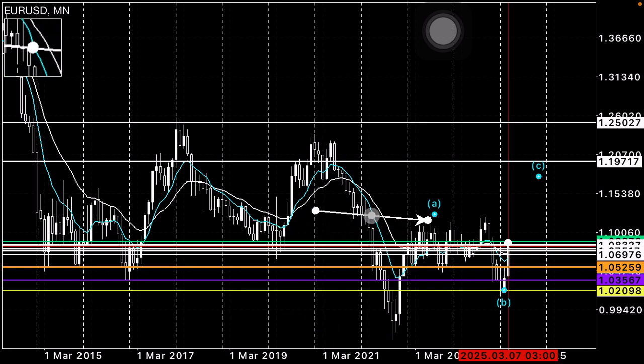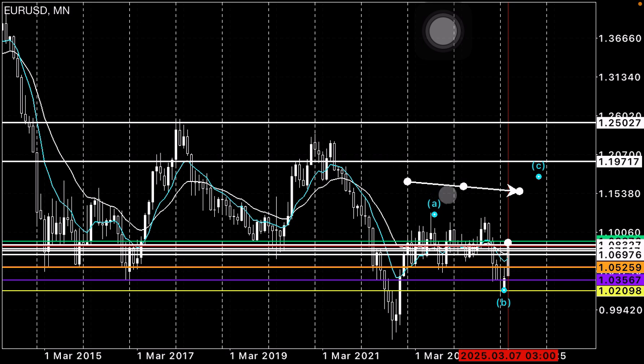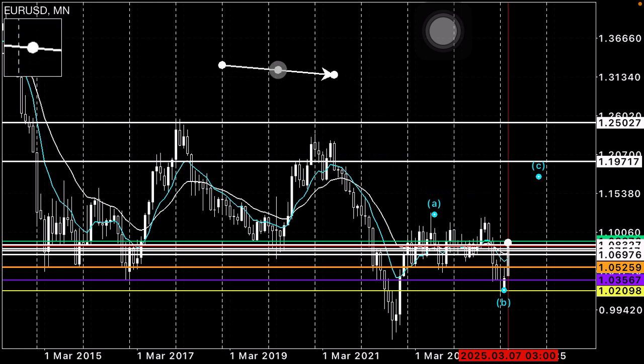Explosive up for an A wave. And then the B, and then projecting on the C. That's the anticipation.